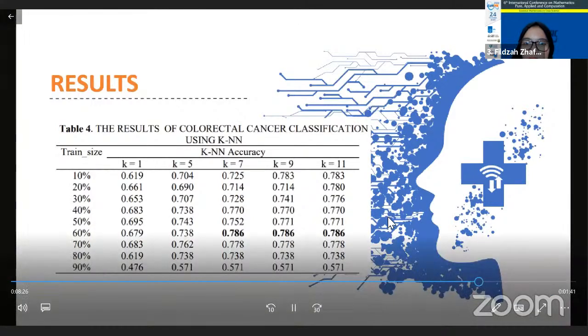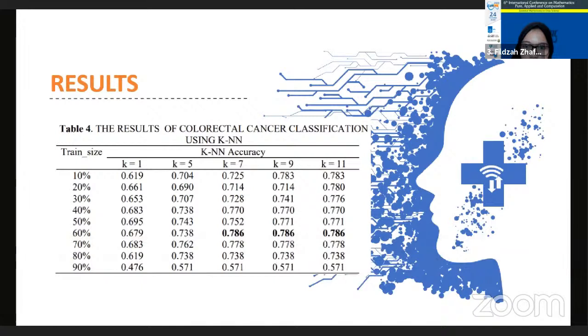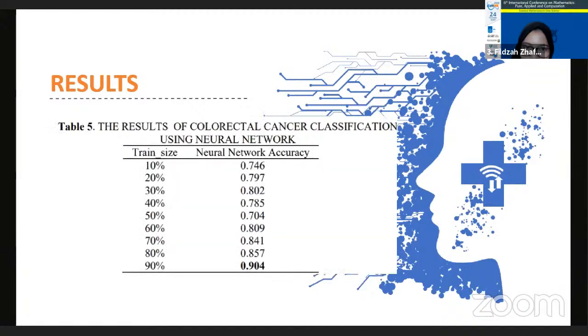This is the result of colorectal cancer classification using KNN. We use K equal to 1, 5, 7, 9, and 11. Next is Table 5, the result of colorectal cancer classification using neural network.